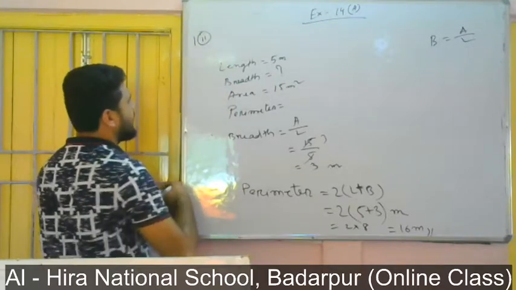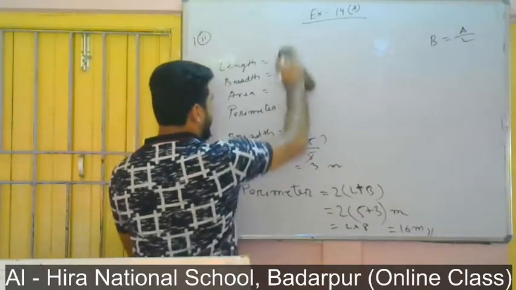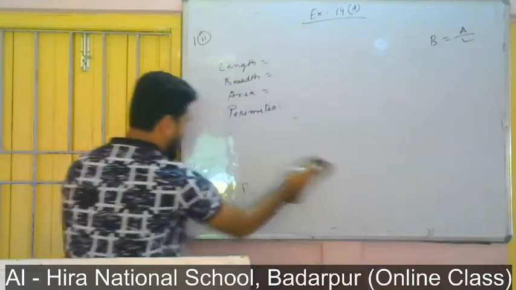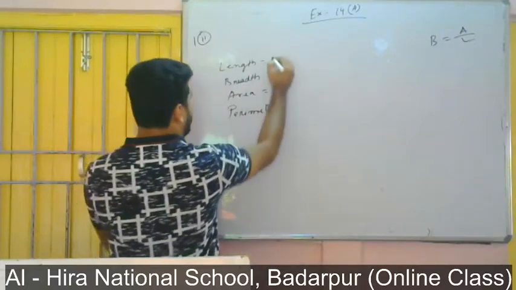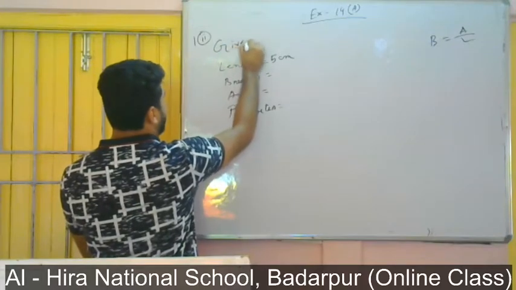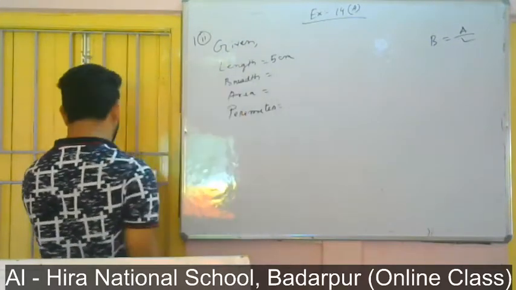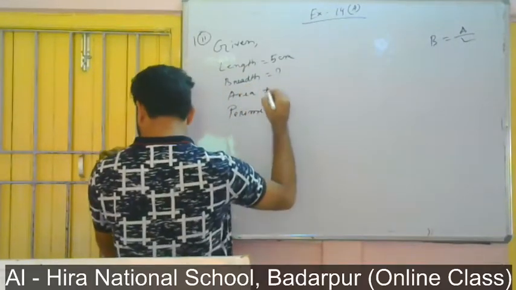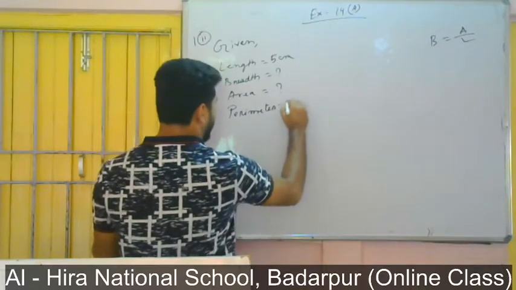Length is given 5 centimeter. Write here given. Earlier also I forgot to write given. Then breadth not given, area not given, perimeter given 24.